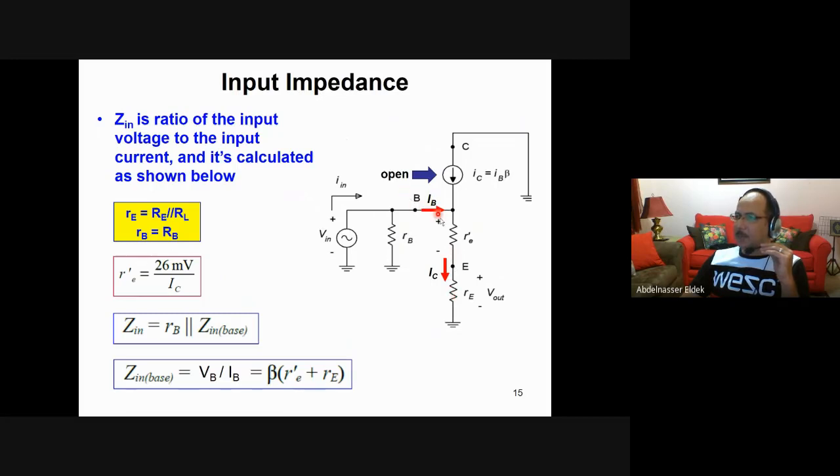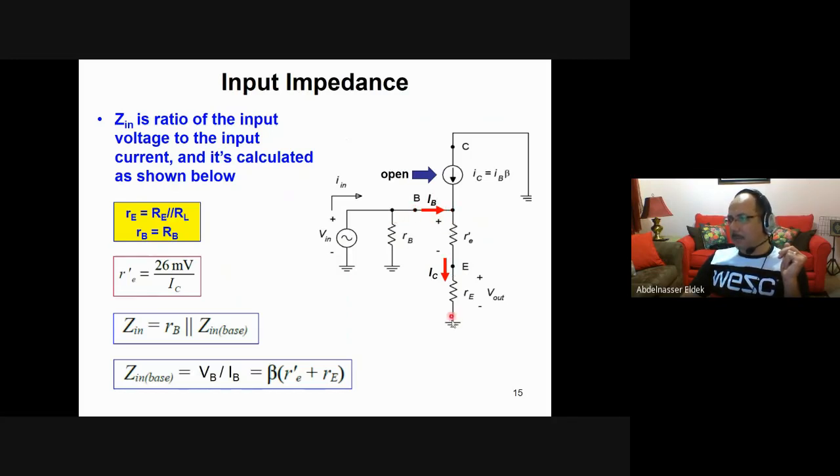So how do you calculate the resistance seen by the base? It is actually the voltage over the current. So this Zin base equals Vb over IB, this Vb divided by the input current. So what is Vb?